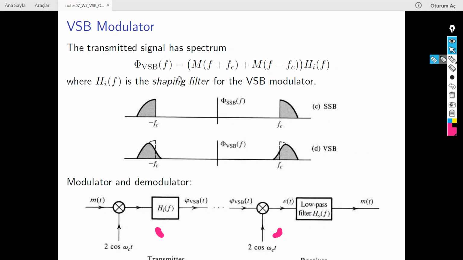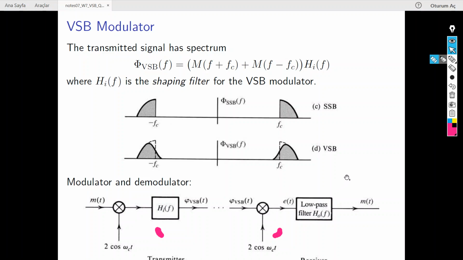So this is the mathematical equation of the vestigial sideband modulation scheme. This is by math, this is by drawing, this is by block diagram processing. This is the transmitter, the modulator.